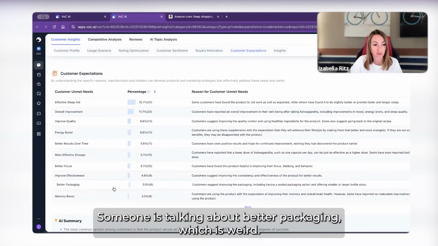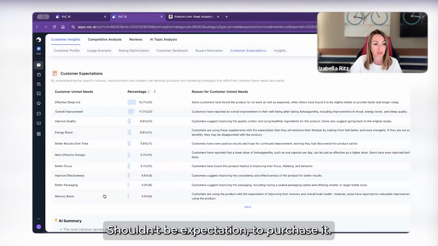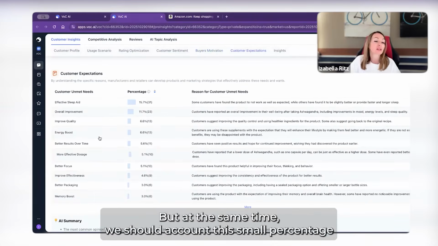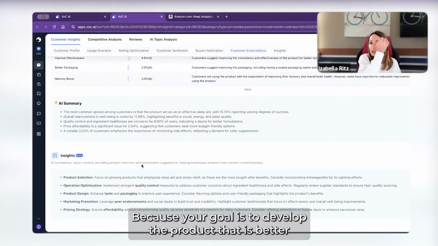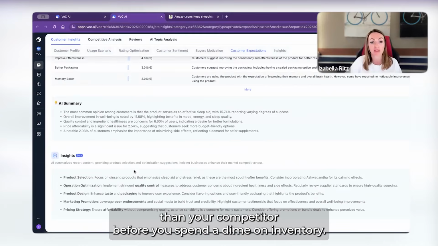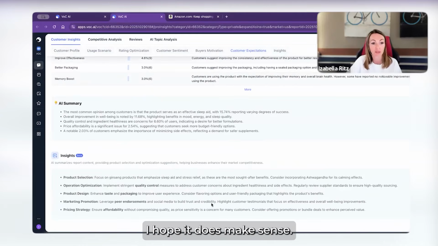Someone is talking about better packaging, which is weird, it shouldn't be an expectation to purchase it. But at the same time, we should account for this small percentage, if we can, to make our improvements and to make the product better than our competitors, because your goal is to develop a product that is better than your competitor before you spend a dime on inventory. I hope it does make sense.